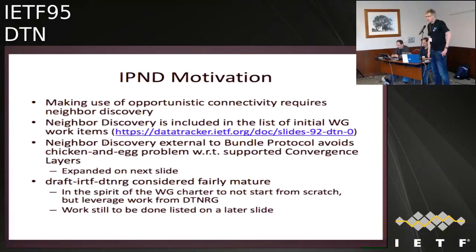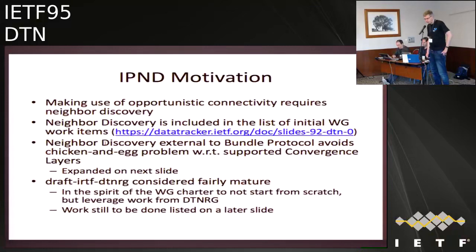The motivation for having IP neighbor discovery in the first place might be pretty obvious. In use cases where you have opportunistic connectivity, or maybe even predictable connectivity, you will also want to check if you really have the contacts that you are expecting to have.